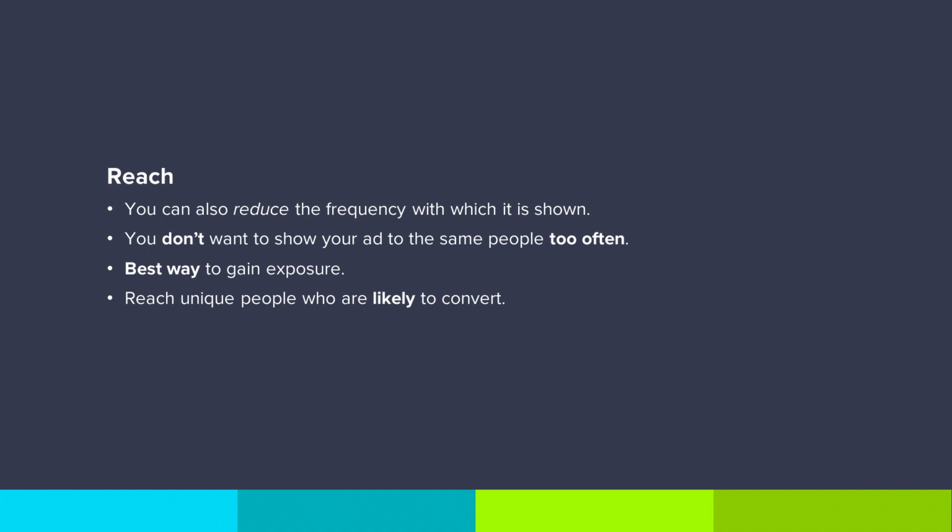With the reach objective, you can reduce the frequency with which it's shown. Best of both. This is great if you're a new business and just want to get your ads seen by as many people as possible, and you can hedge your bets that you won't be hitting the same people too often. That way, more people will become exposed to what you do. Although it might not make a lasting impression, it's a good way of getting in front of a huge number of people.